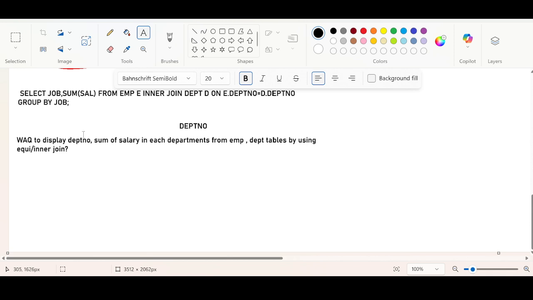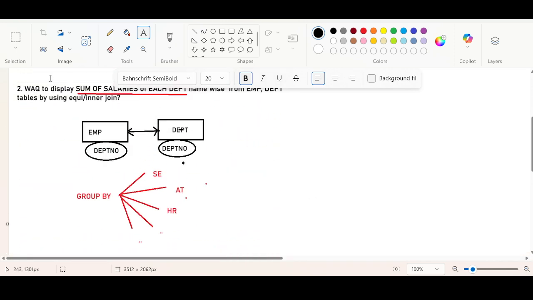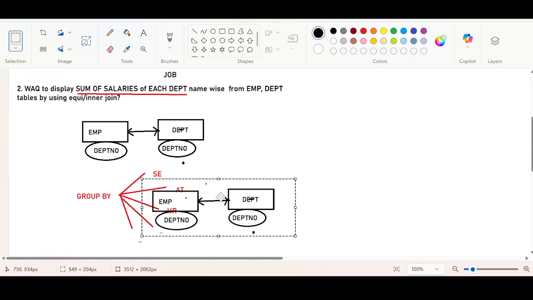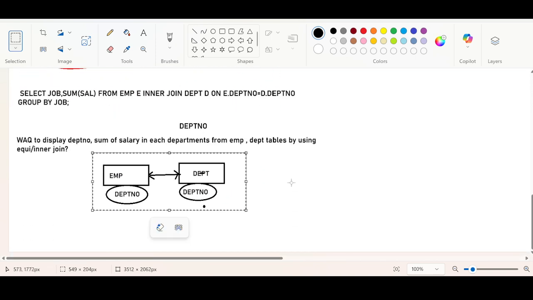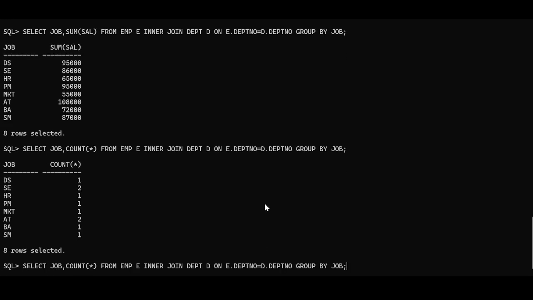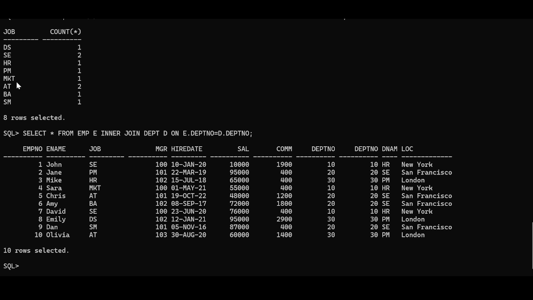What is the first major step that you have to do? We have to join two tables first by taking the common column name, department number. Let us do that first. Okay, so this is the joining query.